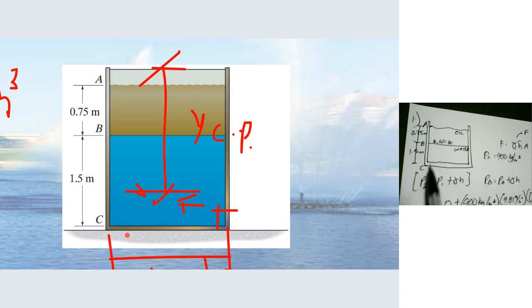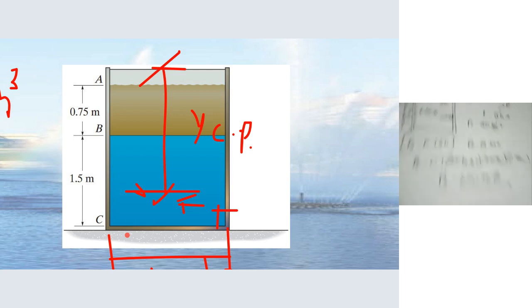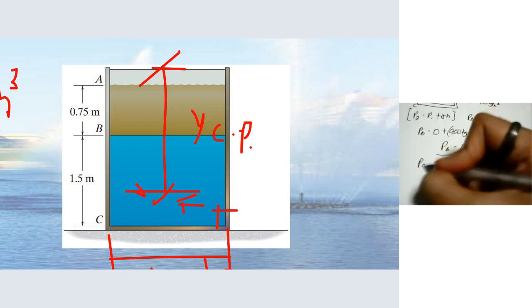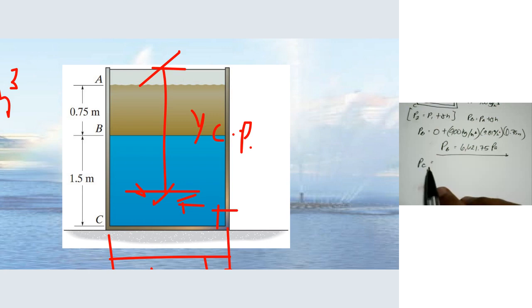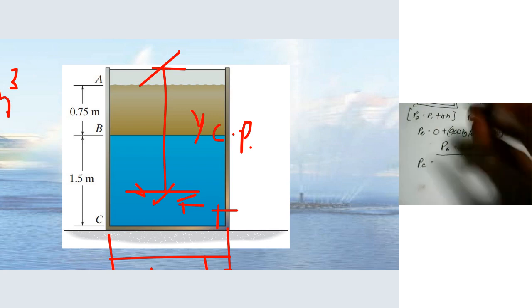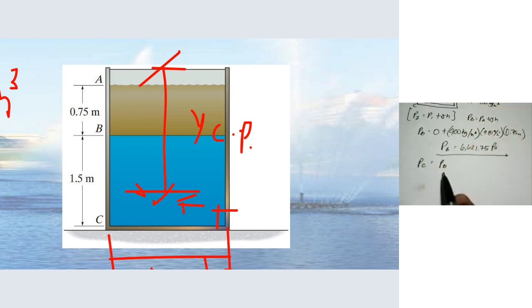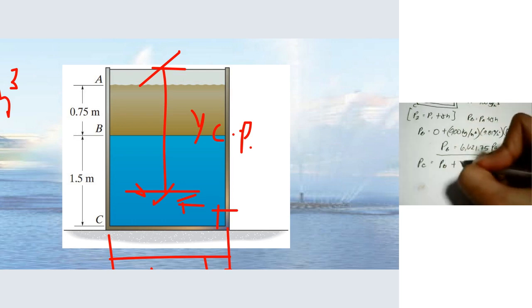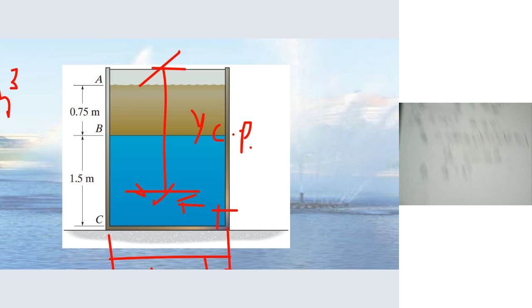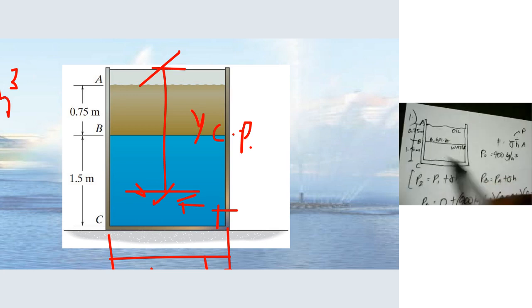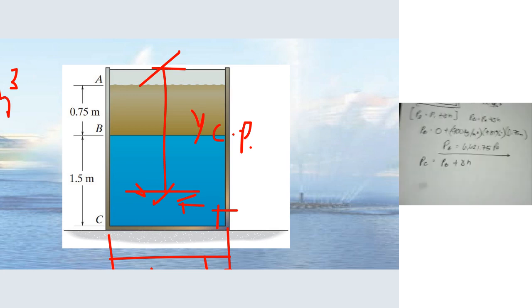So, sunod naman natin i-compute is yung pressure at C. Okay? So, we can use pressure B because nasolve na natin si pressure B. And then, plus gamma h. Now, anong gamma yung gagamitin? So, syempre, gamma ni tubig.